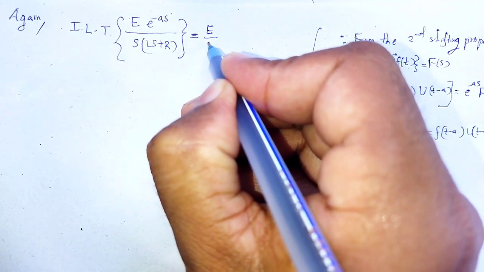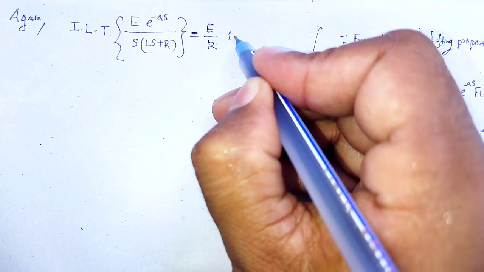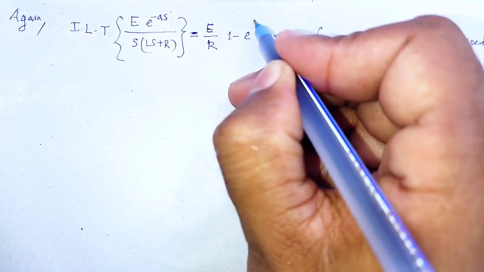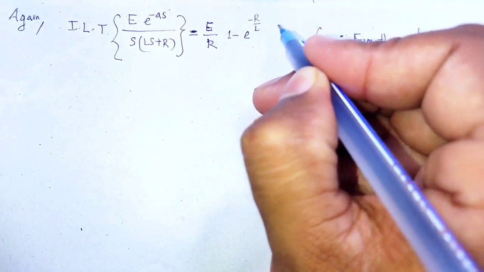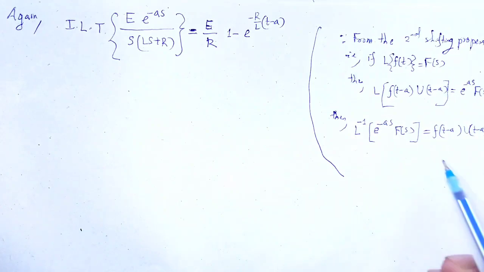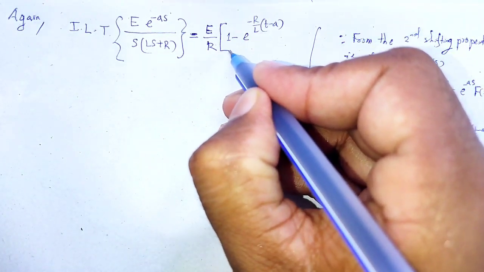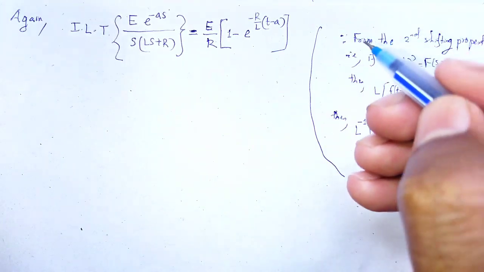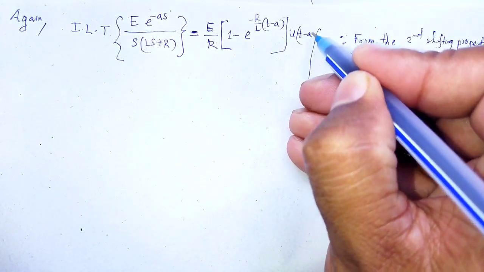So, the inverse Laplace transform is equal to E by R into 1 minus e to the power minus R by L into t minus a, as it will be f of t minus a, into u of t minus a.